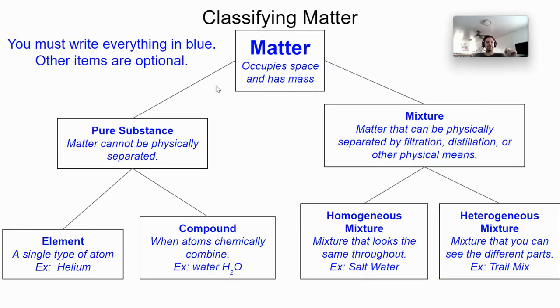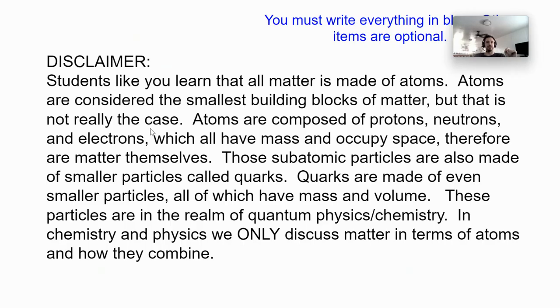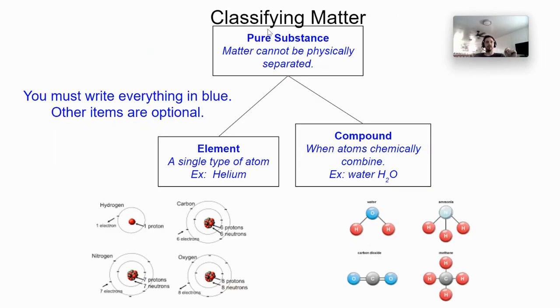So again, this was matter down to pure substance. And now here we go: pure substance, matter that cannot be physically separated. Each helium atom, we really can't separate them individually. It's really hard to do that. We have a single type of atom, and we can't physically break it apart.